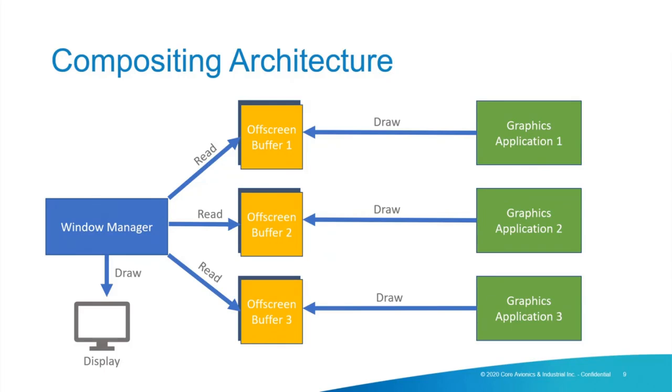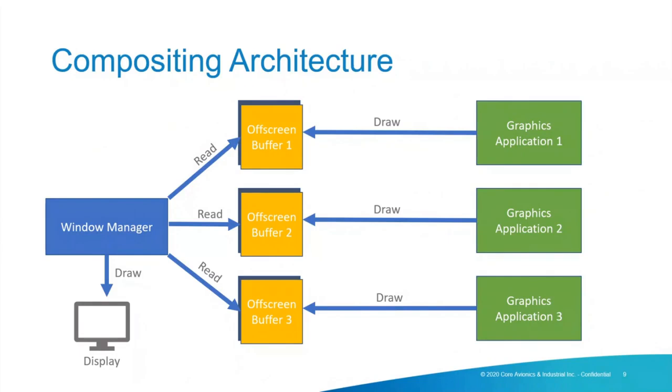You can see through these arrows that the graphics application can draw to the off-screen buffer, and the compositor application is able to read and only read from the off-screen buffer. So this all prevents the compositor from corrupting the state of the graphics display, and other graphics applications on the system from corrupting the frame buffer of other graphics applications on the system.